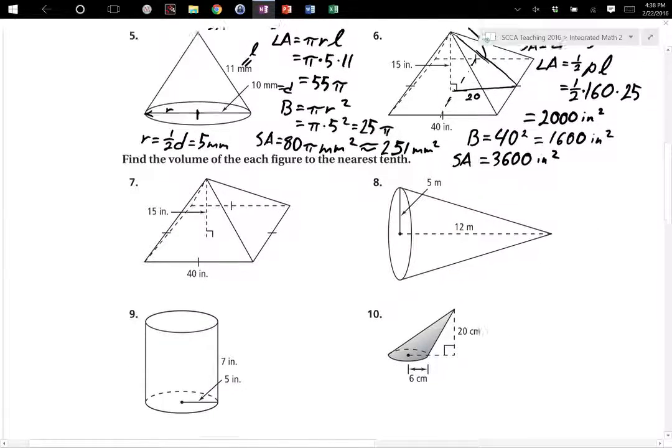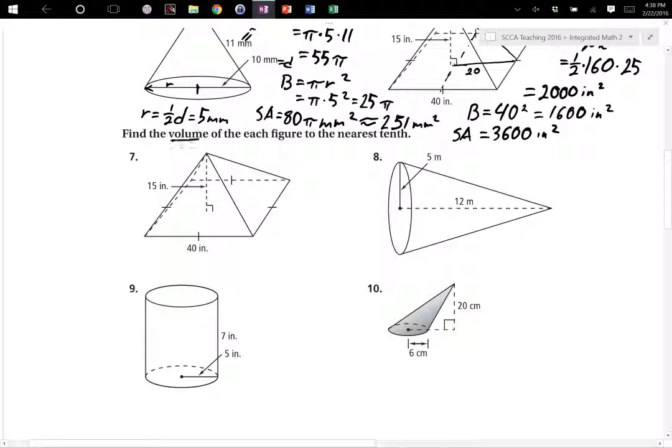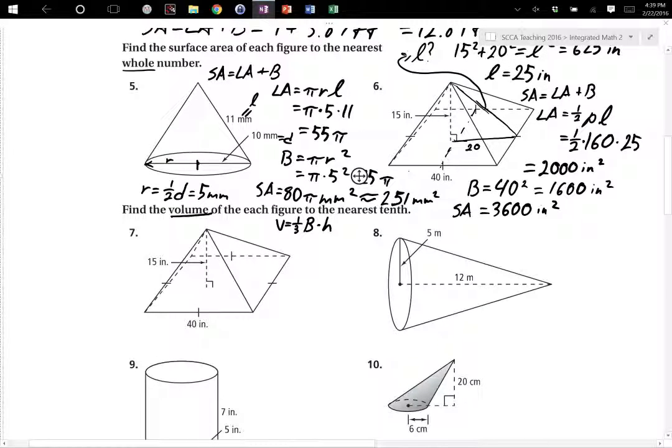Okay, now we have to find volume. Notice it's volume. So number 7, the volume is 1/3 base area times height. What is my base area? Well, it's the same pyramid from the previous problem, so my base area is already done for me.